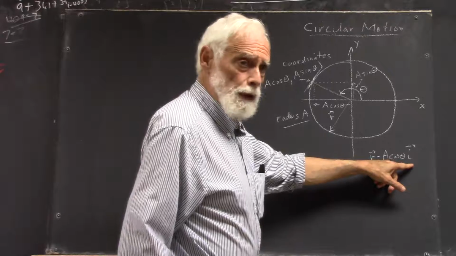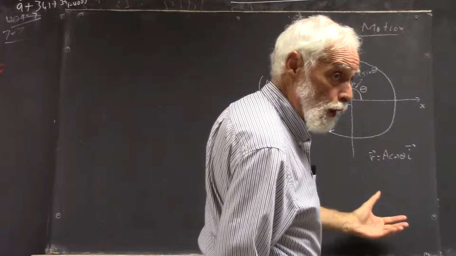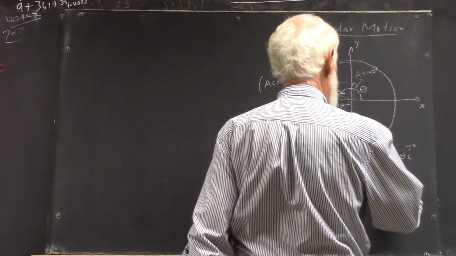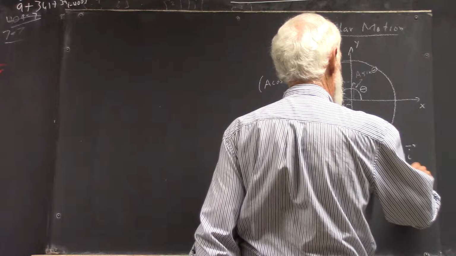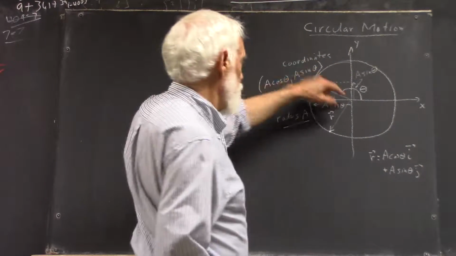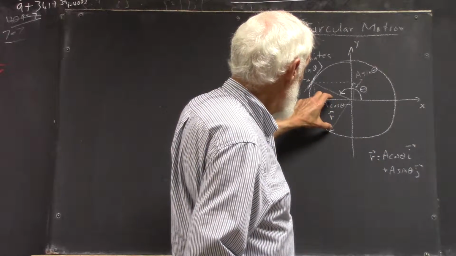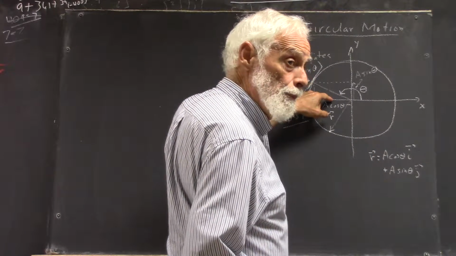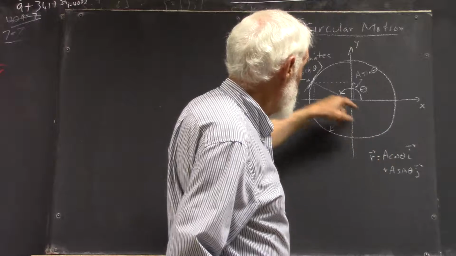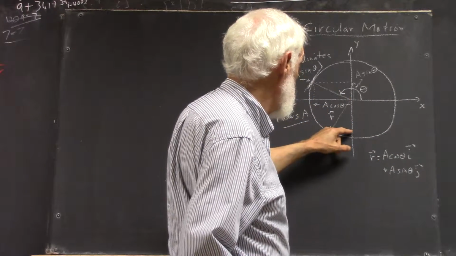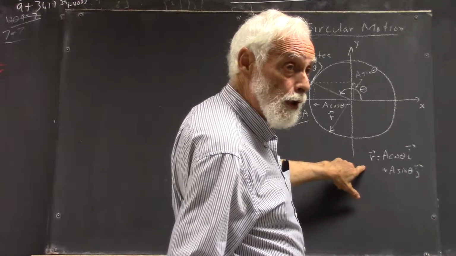The i vector being, I hope you're familiar with this, a unit vector in the positive x direction, a vector of length 1 in the positive x direction. Because of what I just said about these displacements, A cosine theta i would be a vector from about here to here. And A sine theta j would be a vector from about here down to here, wherever the projection of this vector hits the y-axis. So there's your vector r.